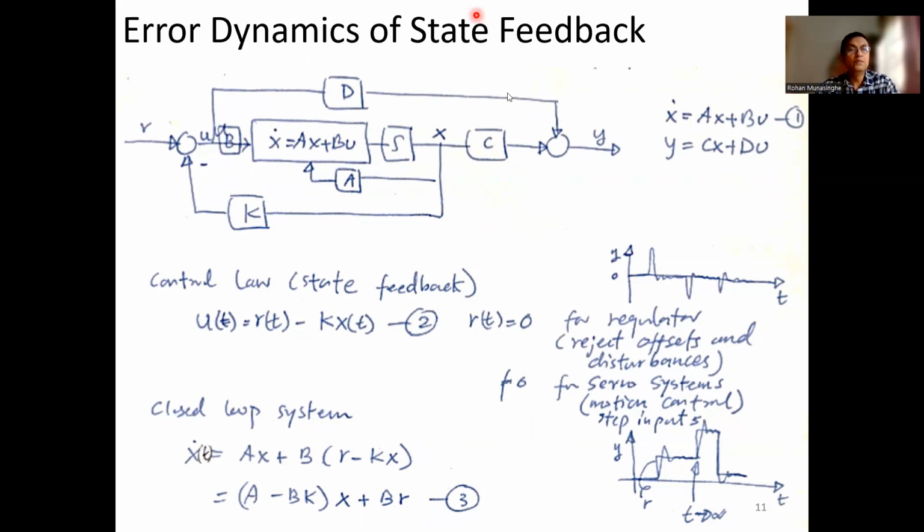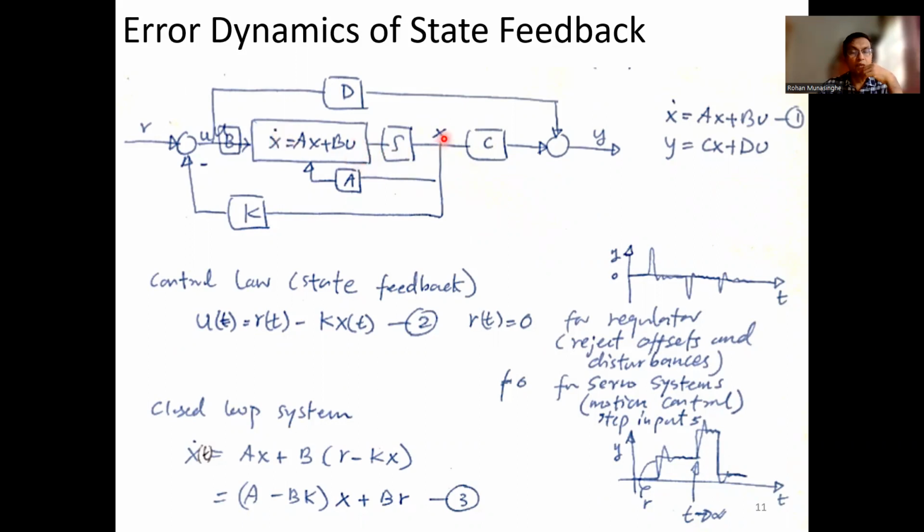Right. Now, let's look at pictorially what's happening here. This is our plant, x dot equals ax plus bu, and it produces, say, x dot, right?